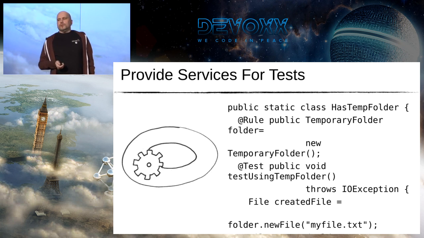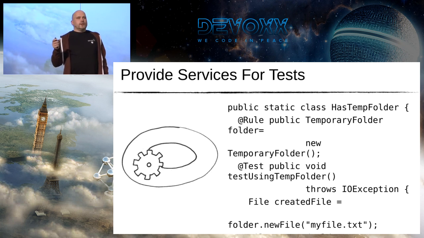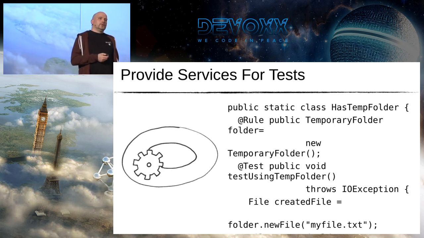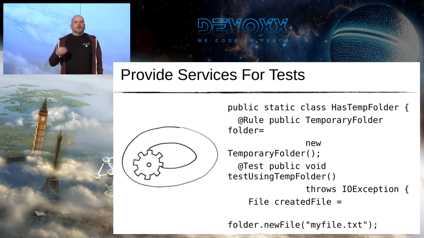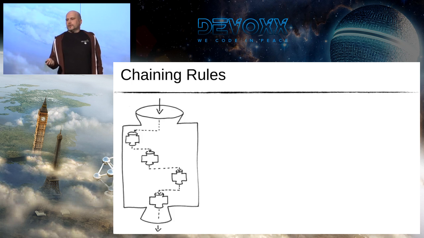Then you can use the error collector, which is another rule. It gives you an assert that method. And if you use that instead of the normal assertion, it doesn't interrupt the execution of the test. It just collects the failed assertion, and then at the end, it checks if it collected any assertions, and if it did so, it fails the test with a nice report of all the failed tests or failed assertions.